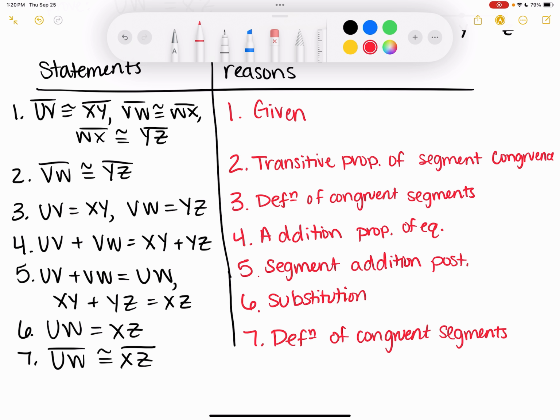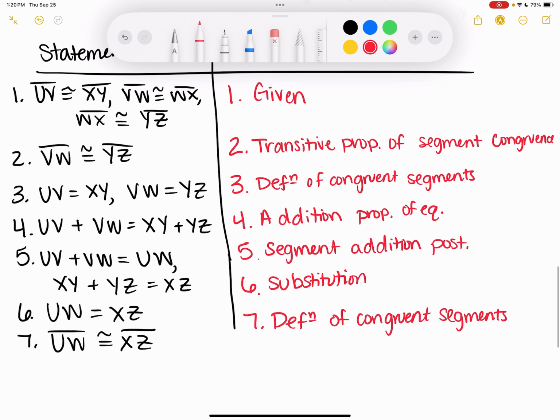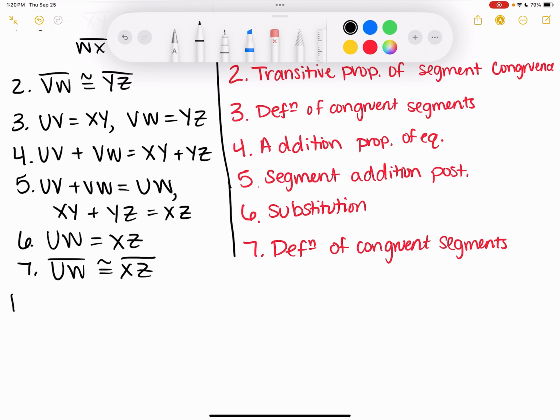All right, another proof here. Number 18. They tell us that our given is that NK is congruent to NL and that NK is equal to 13.